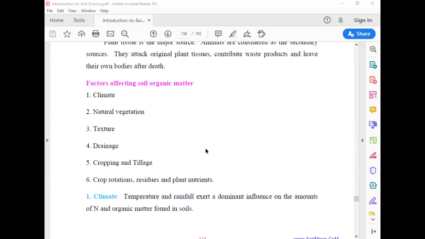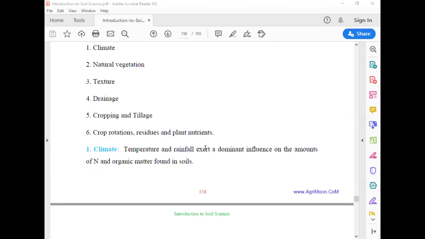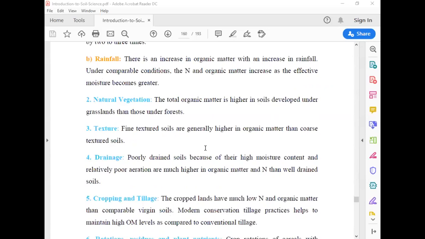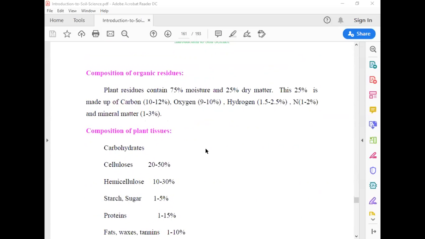Then drainage: well-drained soils have optimum organic matter. Cropping and tillage improve crop retention, residues, nutrients, and green manure crops add organic matter efficiently.